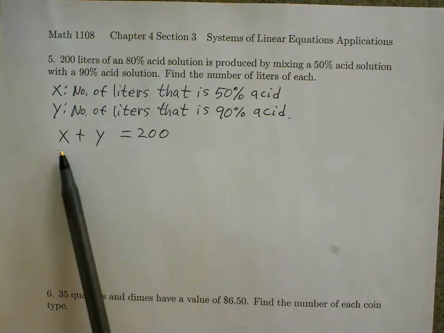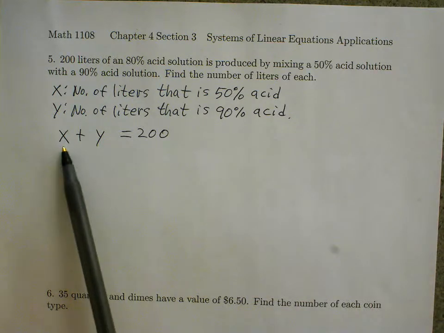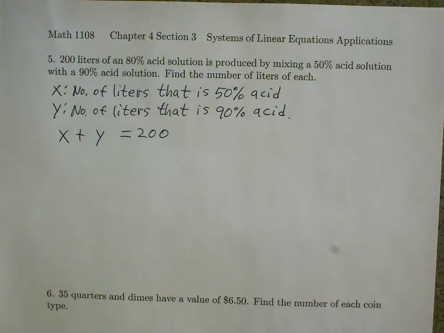So if x liters of a solution is 50% acid, how do we represent the amount of pure acid? If you had, for example, 100 liters of an acid solution and 50% of it is acid, then how much pure acid is there in that 100 liters? 50 liters, yeah. 50% of something is half of that something.